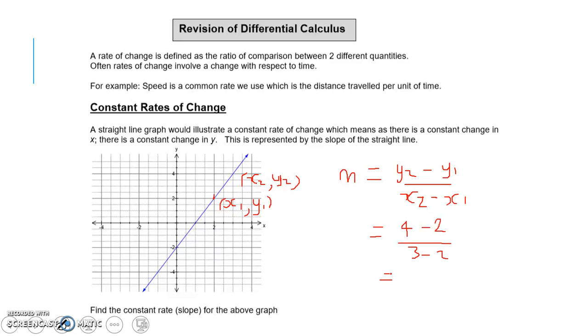So our gradient of this line is a rise of 2, so 4 take 2 is 2, and our run is 3 take 2, which is 1. So our slope is 2 over 1, or just 2. So that's for a constant line.